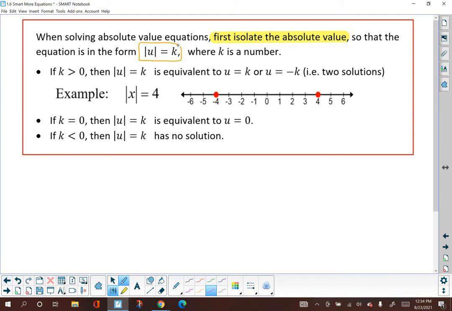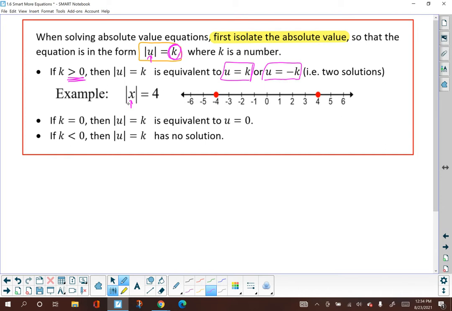If this number right here is a positive number, if it's greater than 0, then we have 2 solutions, kind of like with quadratics. Either that stuff inside is equal to k, or maybe the stuff inside is equal to the opposite of k. So for example, a really simple equation: absolute value of x equals 4.